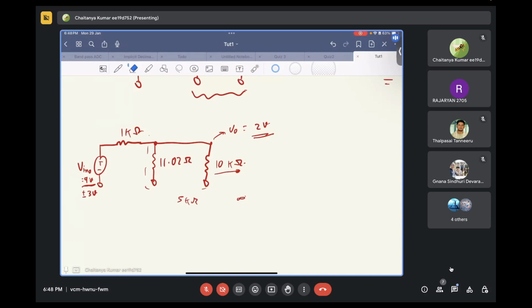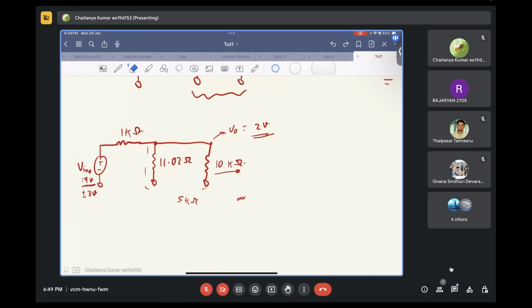If your input voltage is held constant at 9 volts, your output resistance will be roughly 11.02 ohms, no matter whatever this load variation is. Because 5 kilo ohms in parallel to 11.02 ohms is also roughly 11.02 ohms, and infinity in parallel to 11.02 ohms is definitely 11.02 ohms.